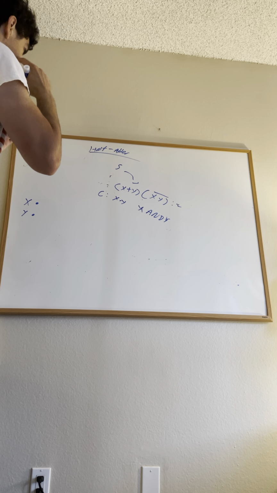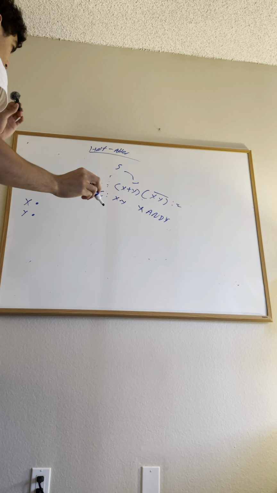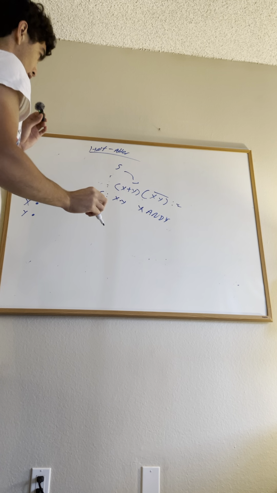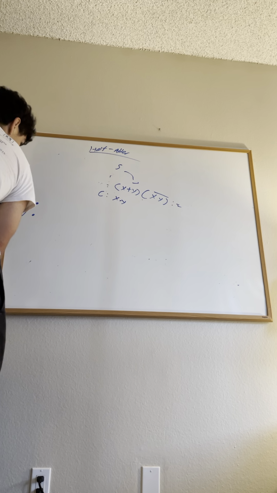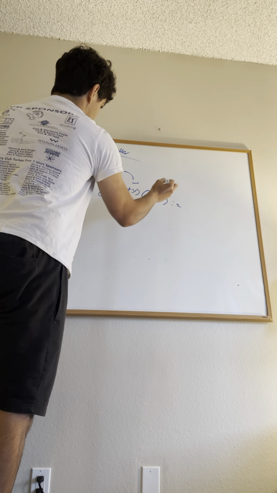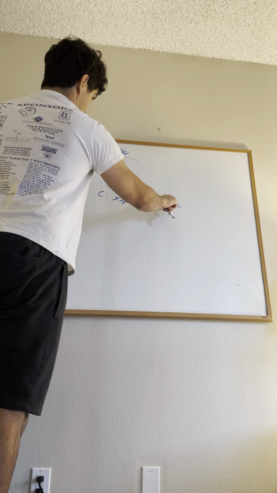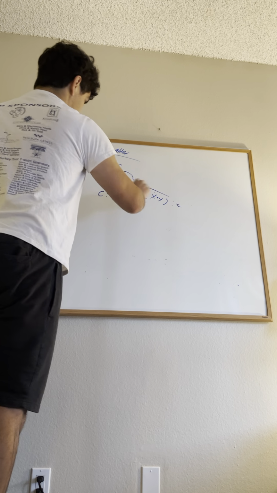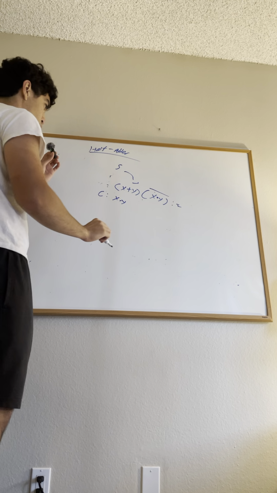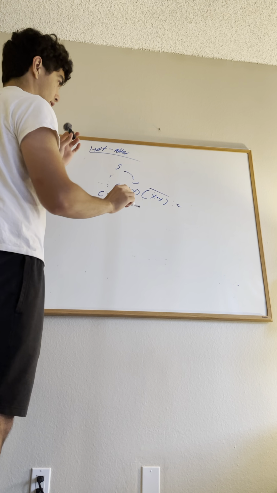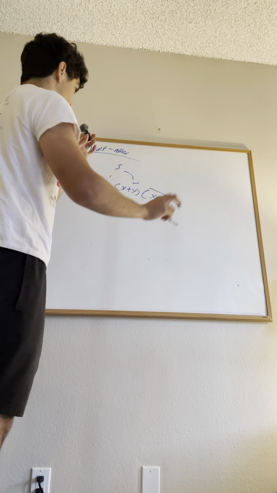First, we can notice something here: we're doing x times y, this computation, twice. So to save ourselves from using two different AND gates, we'll just use one.